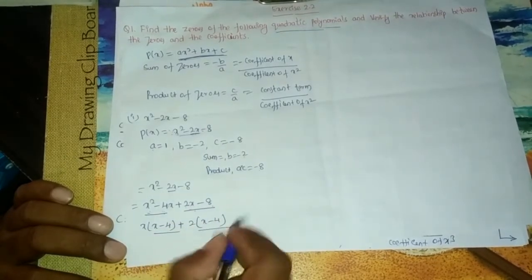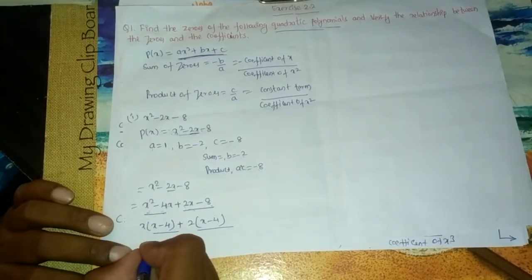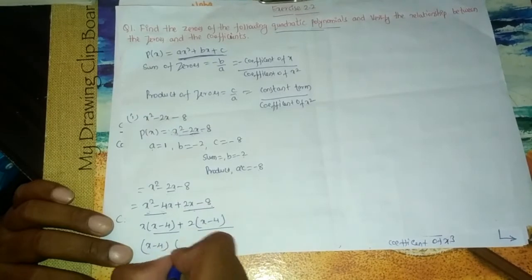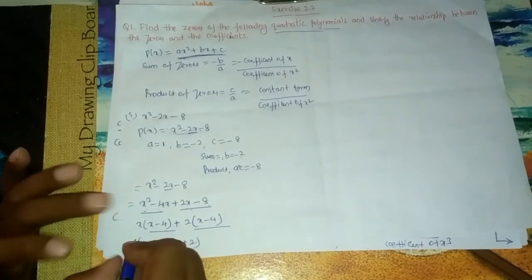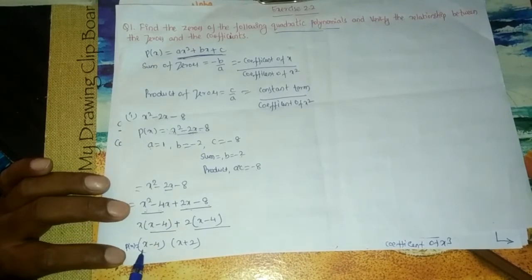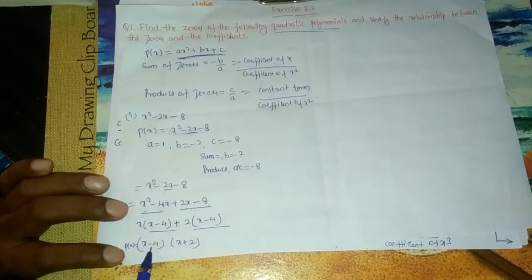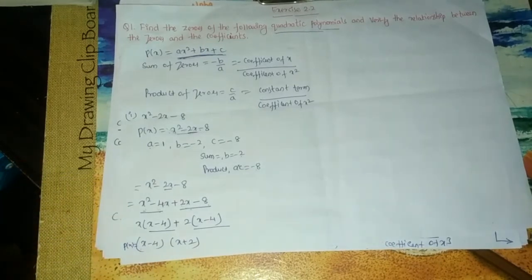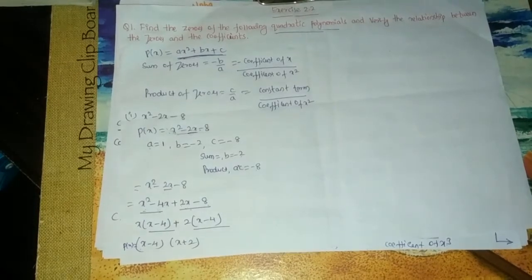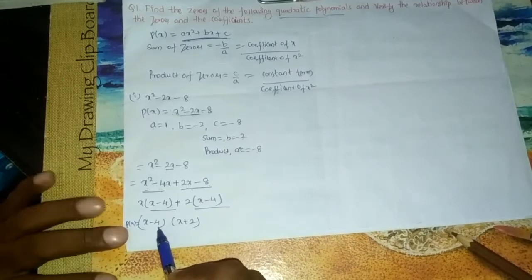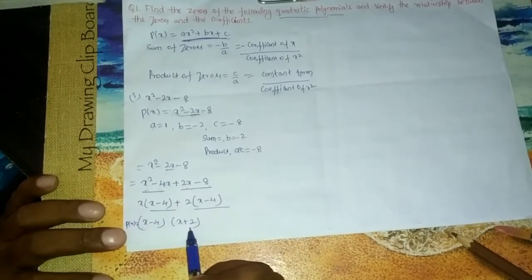Again these two terms have x minus 4 common, and in the bracket we are left with x plus 2: x minus 4 and x plus 2. So here the zeros of the quadratic polynomial are x equals 4 and x equals minus 2. So we get zeros as 4 and minus 2.